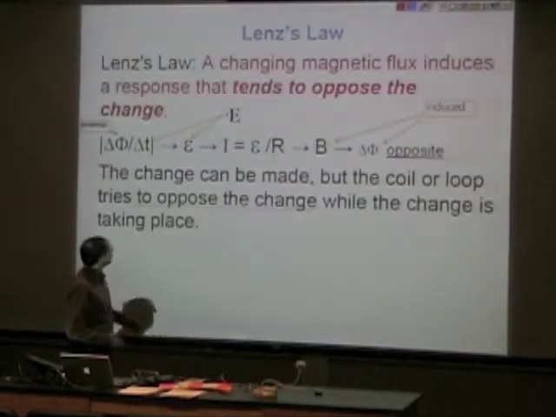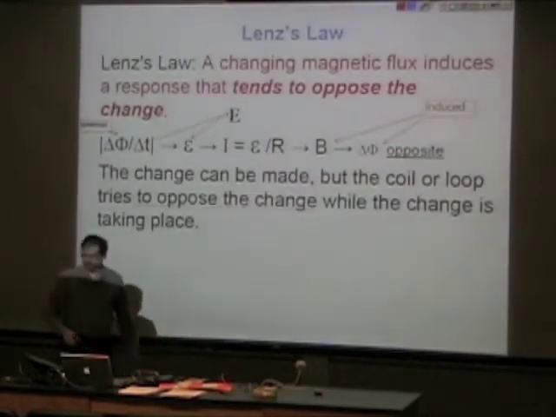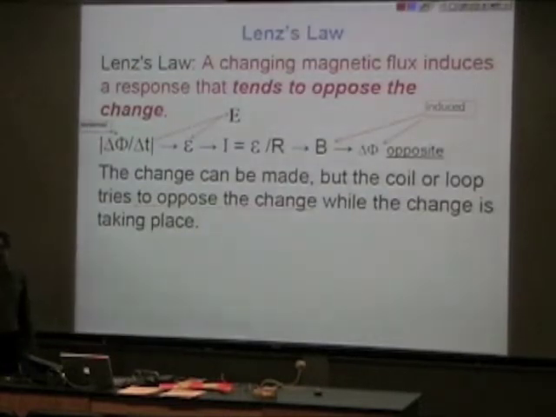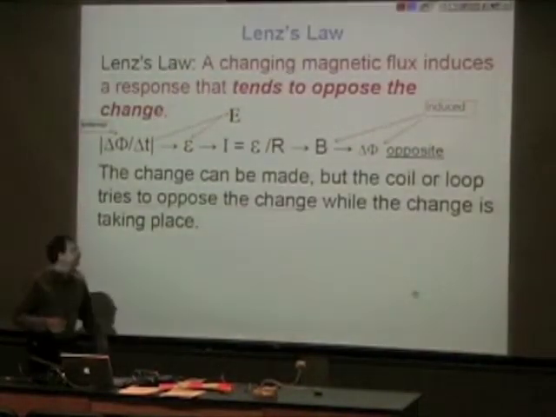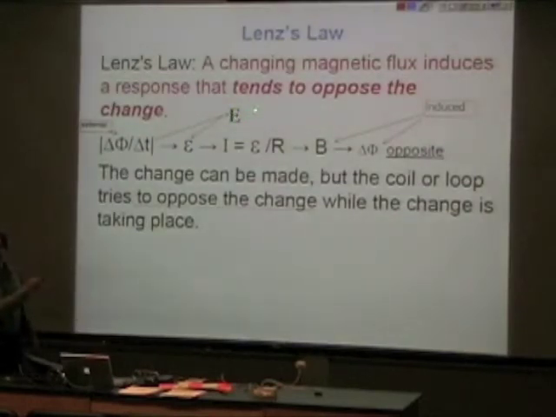First, all those experiments are related to change happening to the flux of the magnetic field at the location of the coil or loop. If the flux changes, we observe the current. The current tells us that there is electric field generated by changing magnetic field.